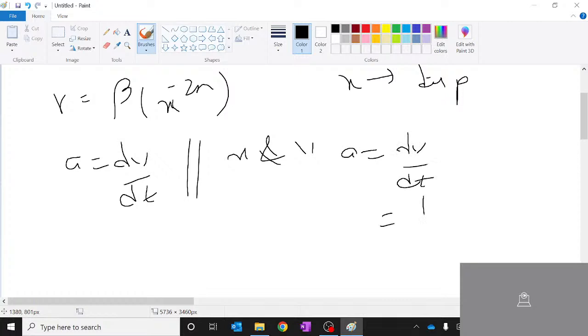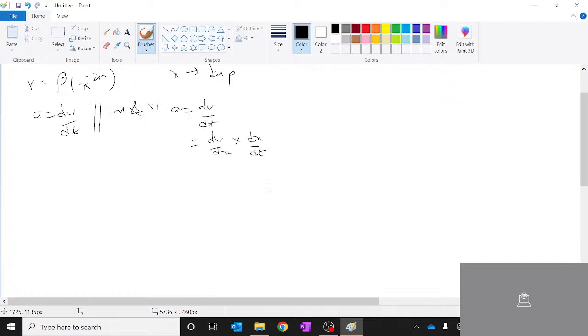I can write dv by dx into dx by dt. Now dx by dt is v. So acceleration in terms of velocity and displacement is v into dv by dx.